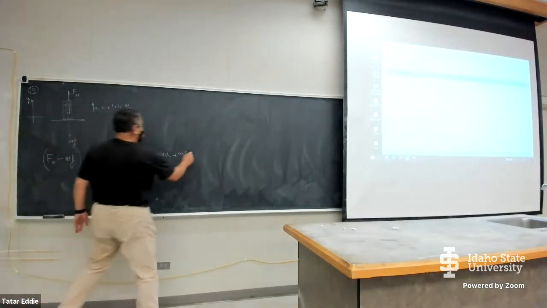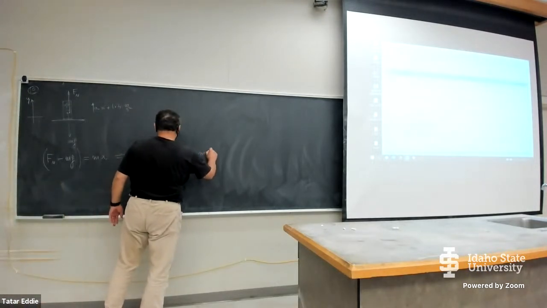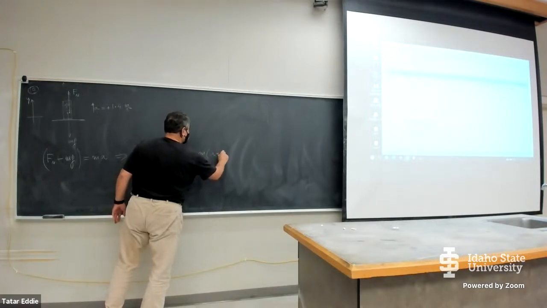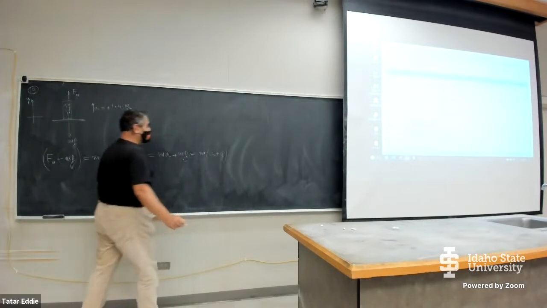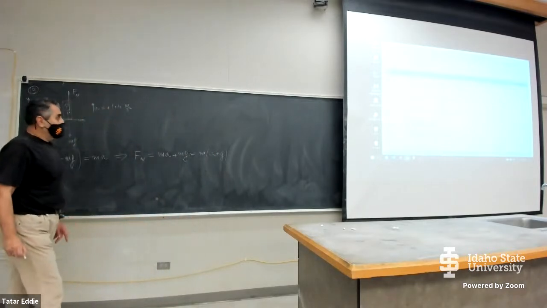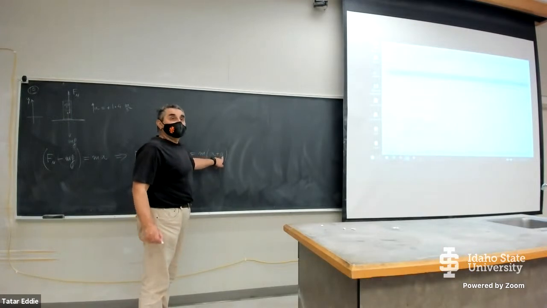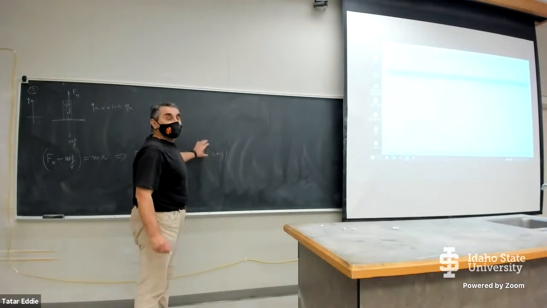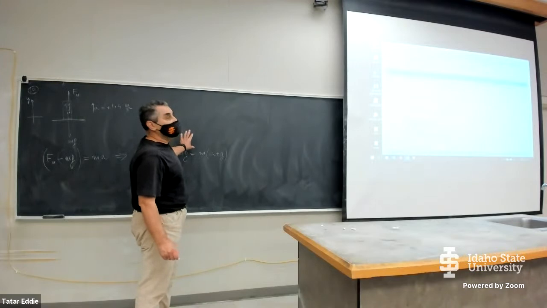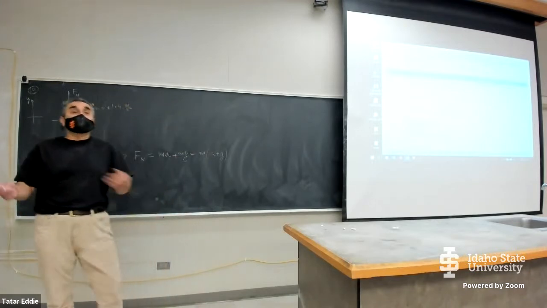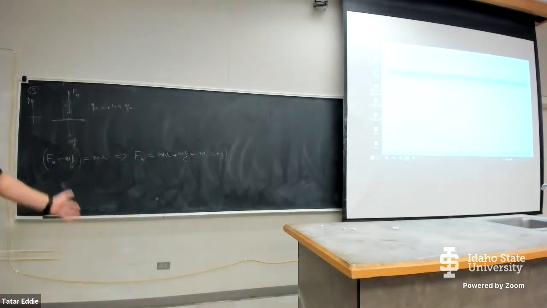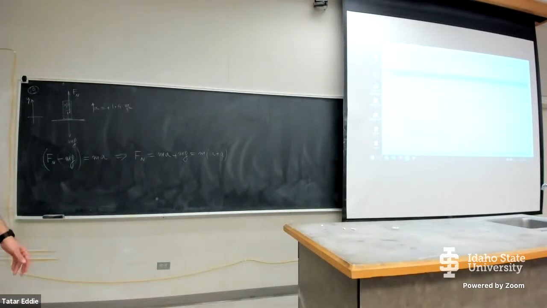So if you want to type less on the keyboard of your calculator, you have this. a is a positive number, g is positive 9.8. You're going to get the weight of the person is going to be larger than his real weight. The apparent weight is going to be larger than his real weight.